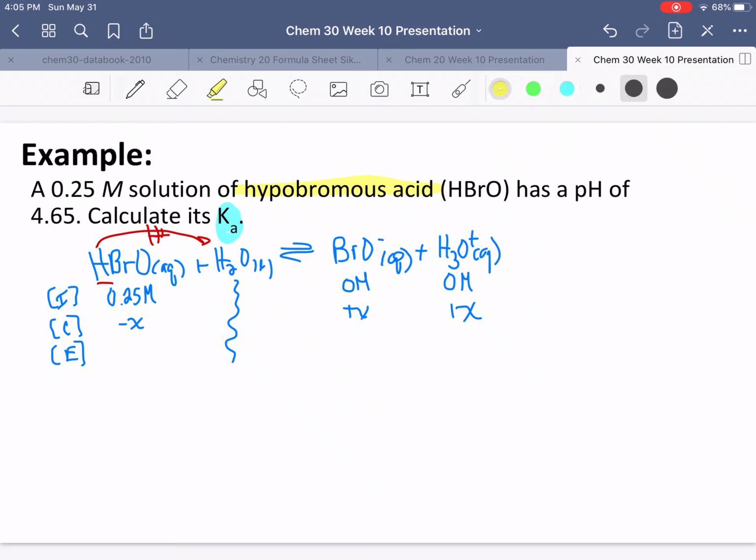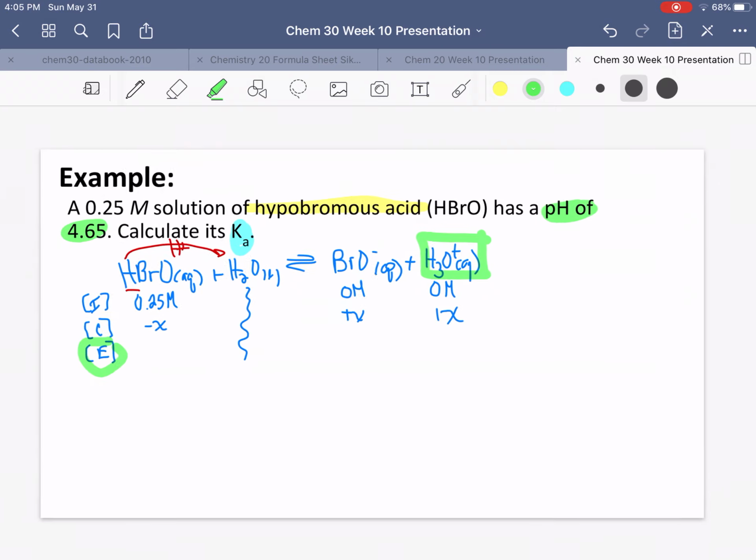And this is where knowledge of pH comes in beautifully handy, or pOH if the case may be. If I'm given pH, I actually have enough info to get the hydronium concentration at equilibrium, right? That is what pH is. It basically relates to the concentration of hydronium.